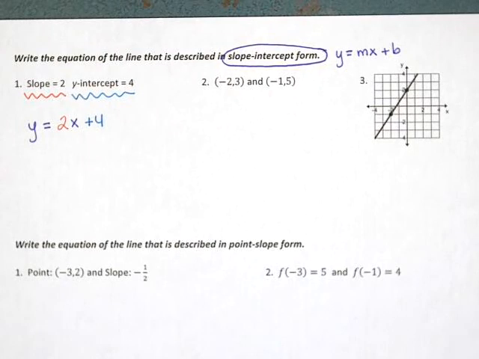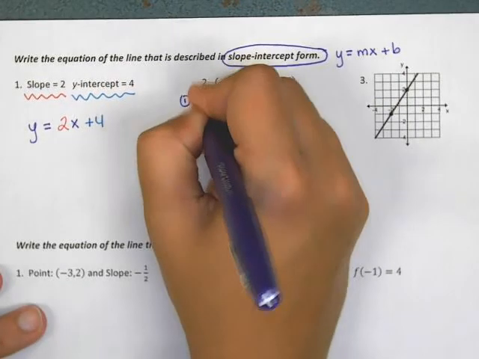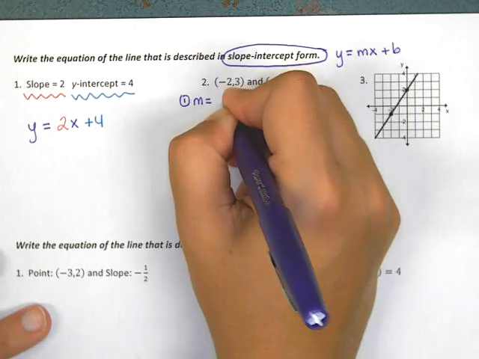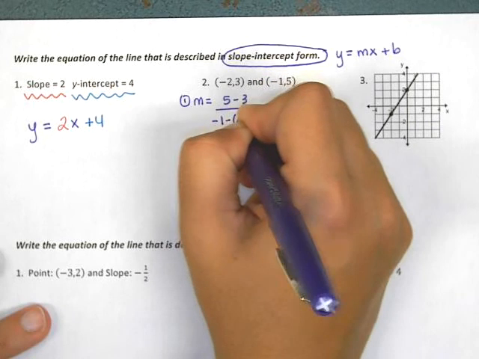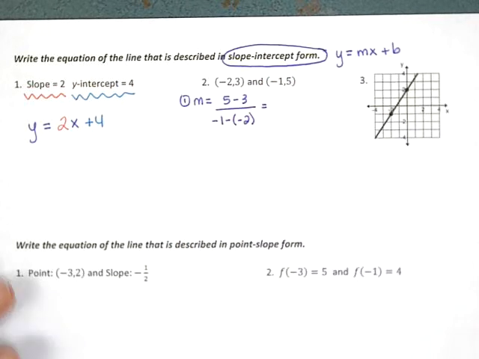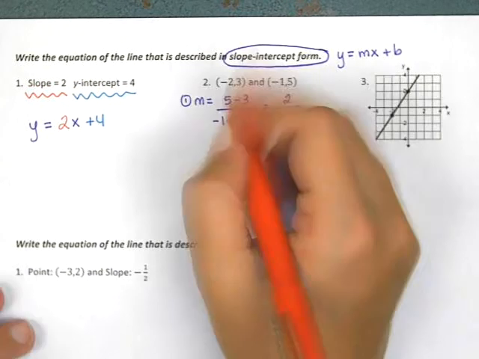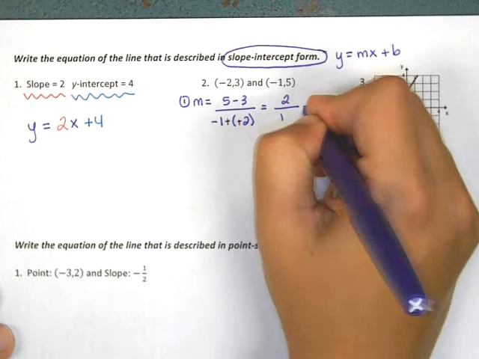However, in problem number 2, where it doesn't tell me the slope and the y-intercept, instead it tells me 2 ordered pairs, step number 1 is going to be to figure out the slope. So I would do 5 minus 3 divided by -1 minus -2, and I would get 2 over 2 negatives plus 1, which is 2.